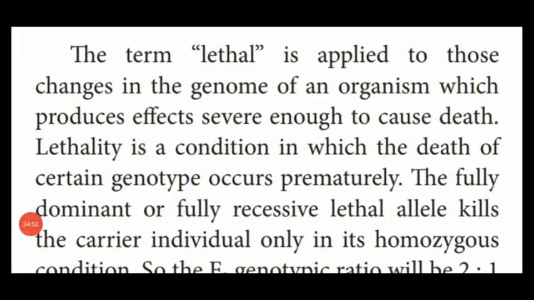Dear students, the term lethal is applied to show the changes in the genome of an organism which produces effects severe enough to cause death. So what is the main answer for these lines? The lethal recessive gene which is present in the Antirrhinum plant causes death of an organism.